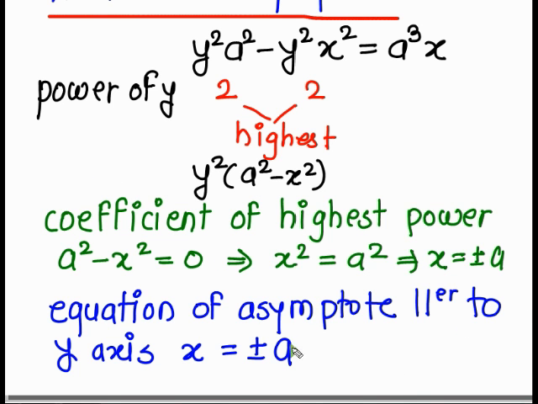And the equation of the asymptotes parallel to the y-axis is x is equal to plus or minus a.